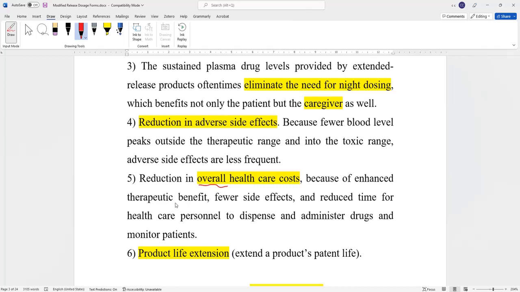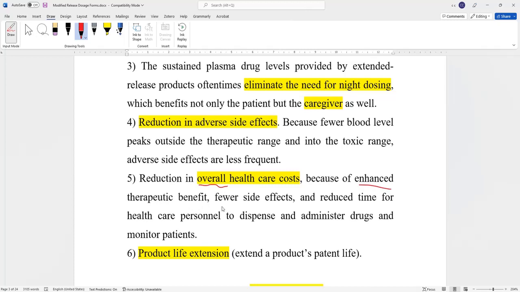actually the extended release dosage form is more expensive. But we don't look only at the price of this product. You have to look at the overall healthcare cost saving. Okay, because if you use the extended release dosage form, you're going to have enhanced therapeutic effect.